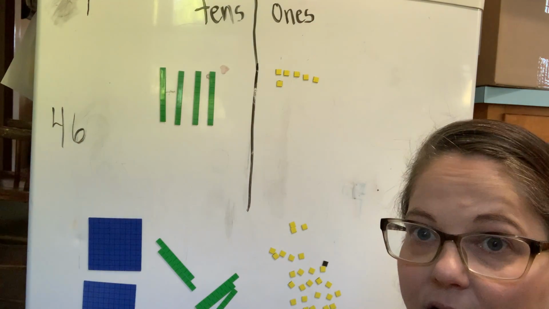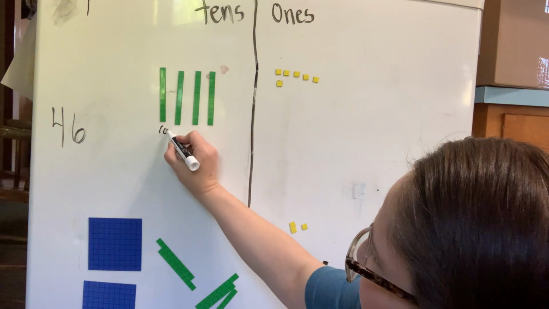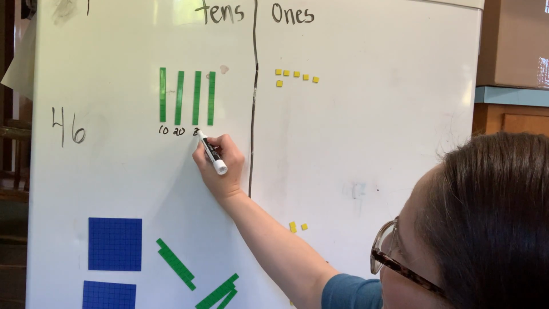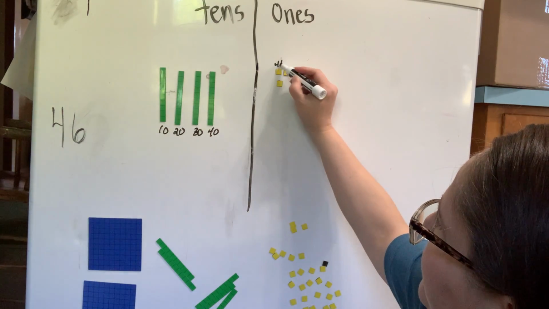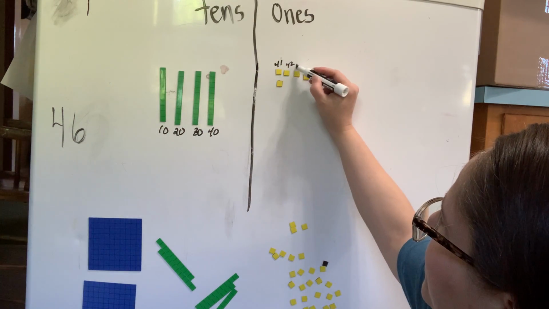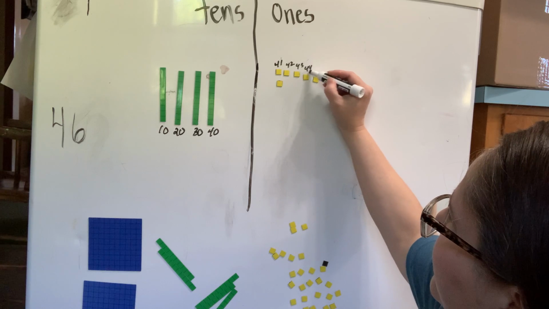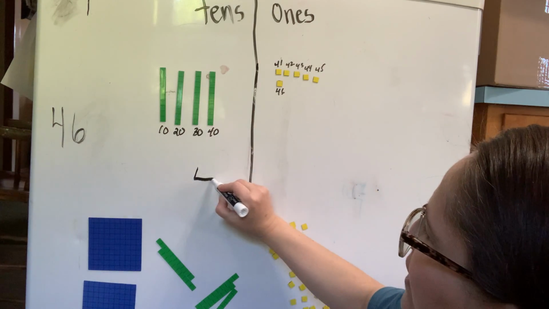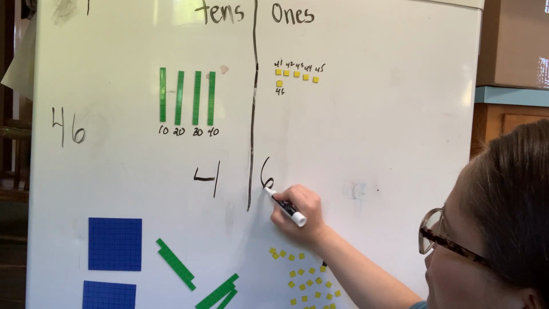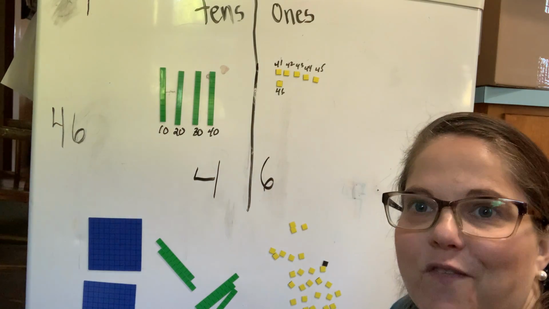And I'm going to prove it. 10, 20, 30, 40, 41, 42, 43, 44, 45, 46. 4 tens and 6 ones equals 46.